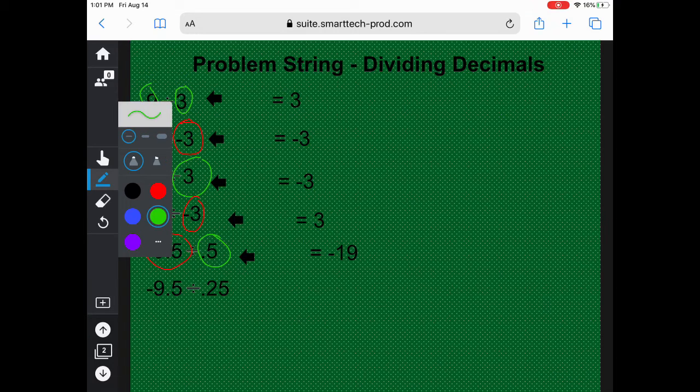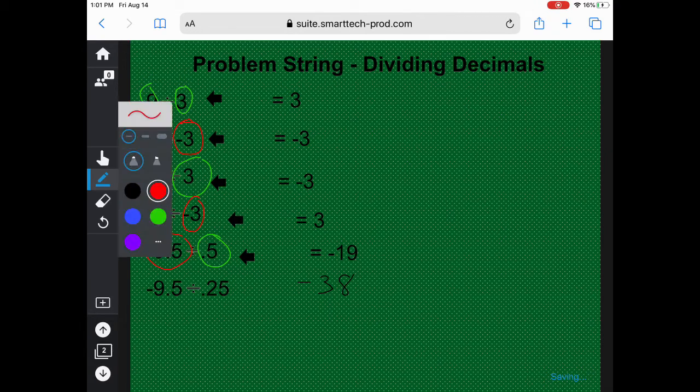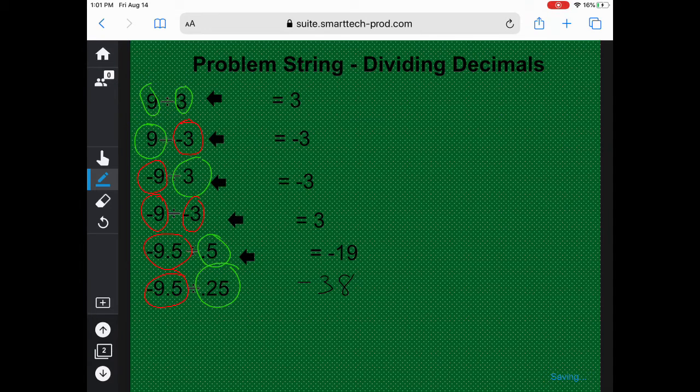And this last one, we have a negative and then we have a positive. So we need to figure out how many times can 0.25 go into 9.5. I guess I forgot that little arrow. You would get negative 38. So because we have a negative and we also have a positive, it will give us a negative quotient.